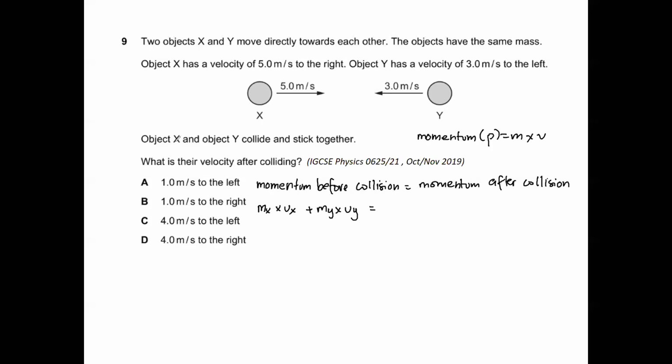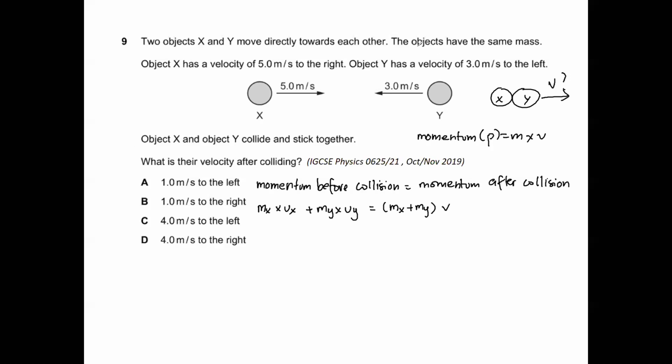The condition is that objects X and Y collide and stick together, with a velocity that we want to find. So we can write it as mx plus my, because they stick together, and then the speed is v.